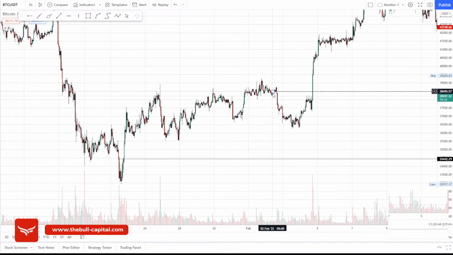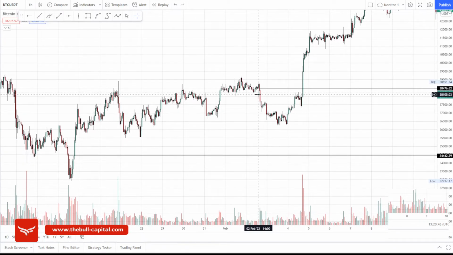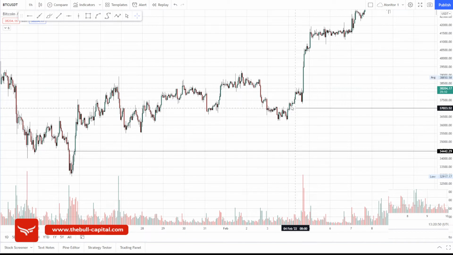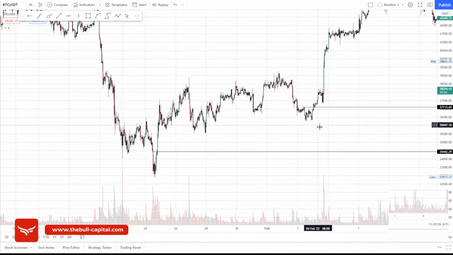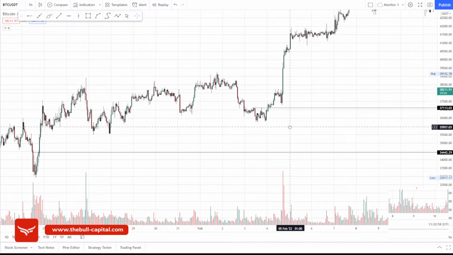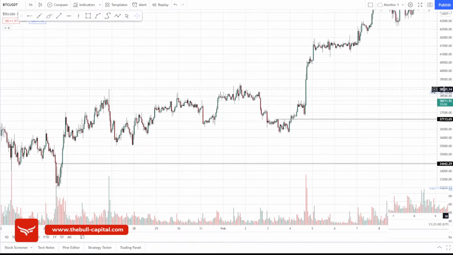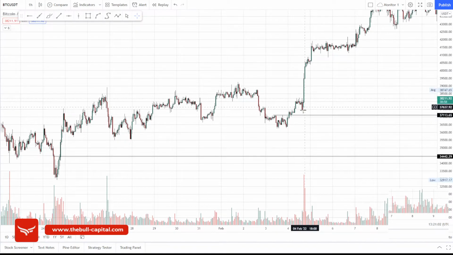Okay, so let's dissect this move right here. We have this break level here. Actually this one, it didn't really touch it.